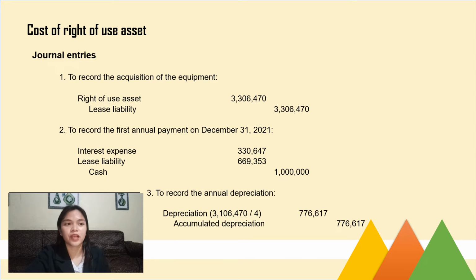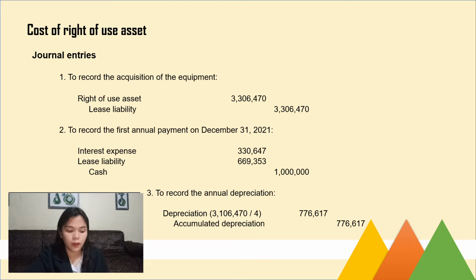Lastly, to record the annual depreciation, we debit depreciation amounting to 776,617 and we credit accumulated depreciation amounting to 776,617.